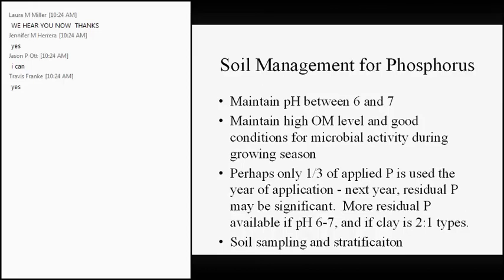Make sure you really watch the nutrient content on the organic materials that you're applying to the soils, because you can way over apply phosphorus with organics if you're not paying attention to what you're actually applying. This makes for good microbial activity, especially during the growing season. And in most of the state of Texas, we've got a growing season, with the exception of where we get ice and snow. We can actually grow even a pretty good winter garden a lot of times.